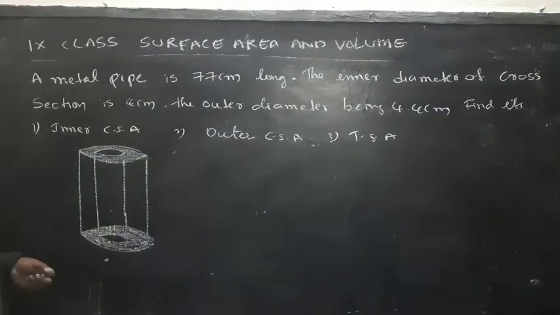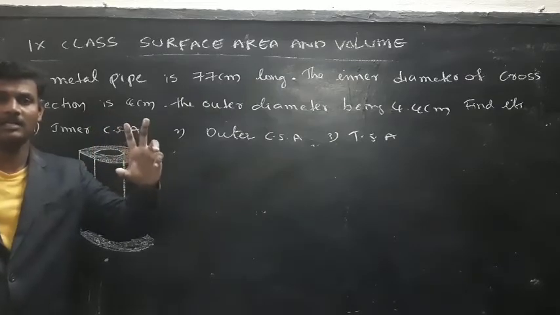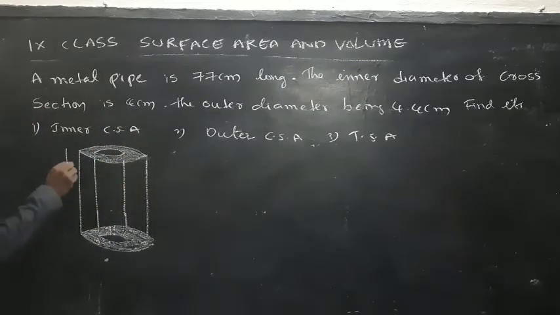A metal pipe is 77 centimeters long. Here one metal pipe that is 77 centimeters long. That is nothing but the height of the pipe. h is equal to 77 centimeters.